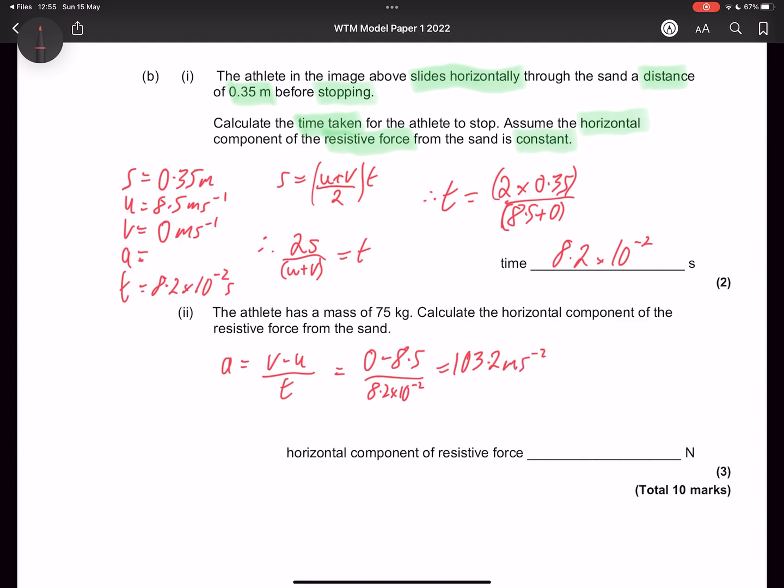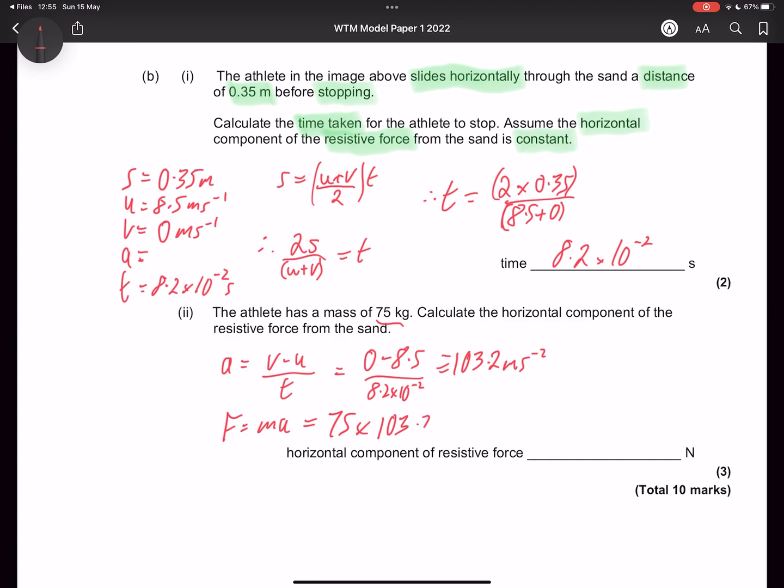Now, the fact it's a negative value is by and large irrelevant here, because we know it's decelerating, and force will only care about direction if we didn't know it. So in this case, when we work out the force, we don't need to worry about that minus. It's neutral in terms of marks. You don't get anything or lose anything from it. So F equals ma is obviously the equation we want to use.